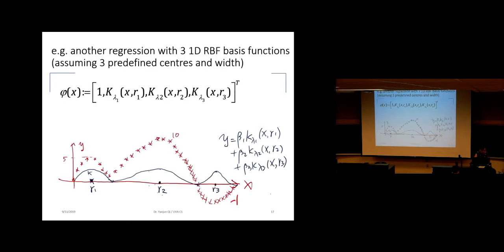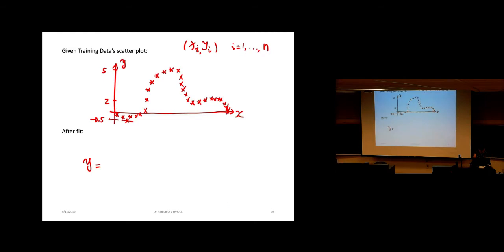Y equals, it's better to write as f(x): minus 0.5 times k(lambda 1, x, r1), plus 5 times k(lambda 2, x, r2), plus maybe 2 times k(lambda 3, x, r3).